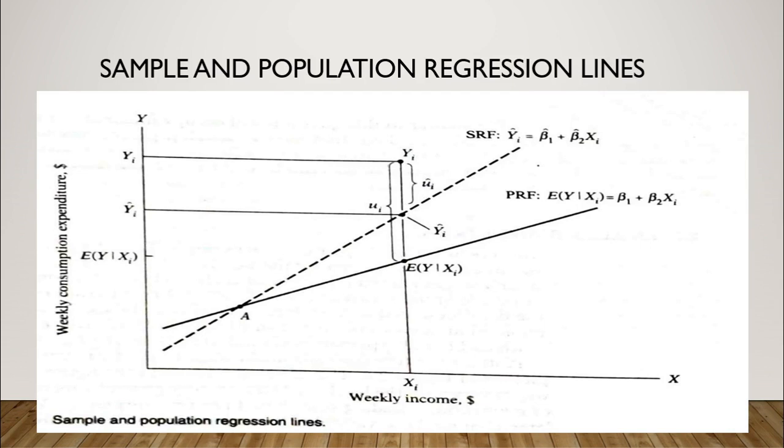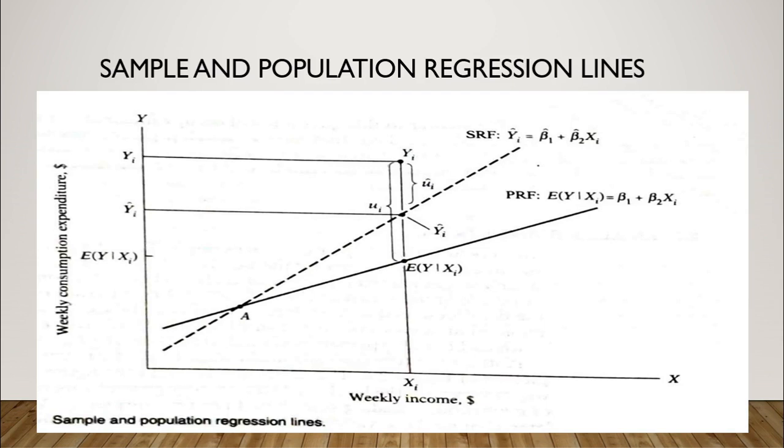The expected value of y given xi, the conditional expectation of y, is in the population regression function, and as we have already seen, yi hat is the estimated value of y on the basis of information provided by the sample, and it lies on the sample regression function. The difference between yi and the expected value of y given xi, that is the deviation of the actual observation of y from the conditional expectation of y, is denoted by ui.